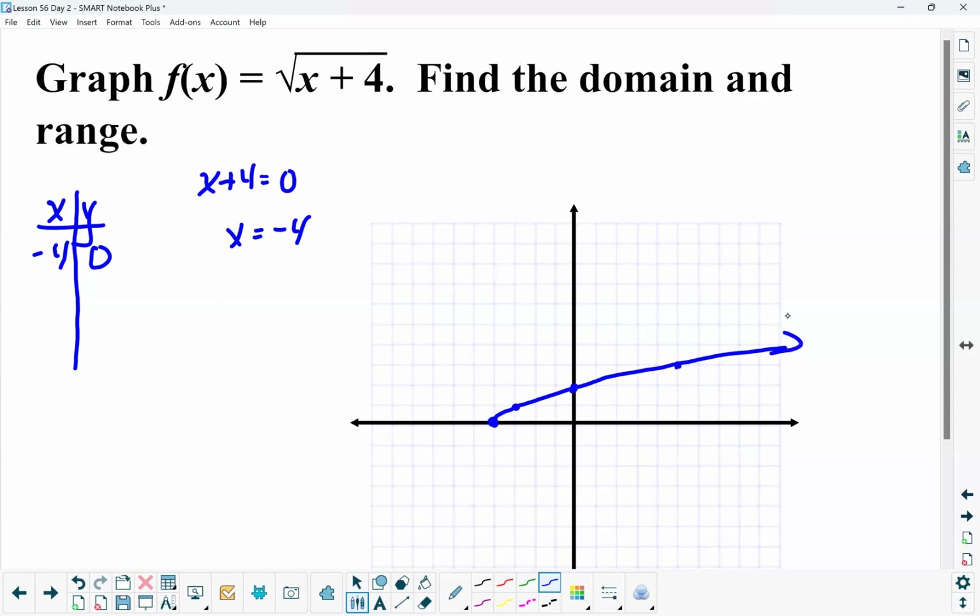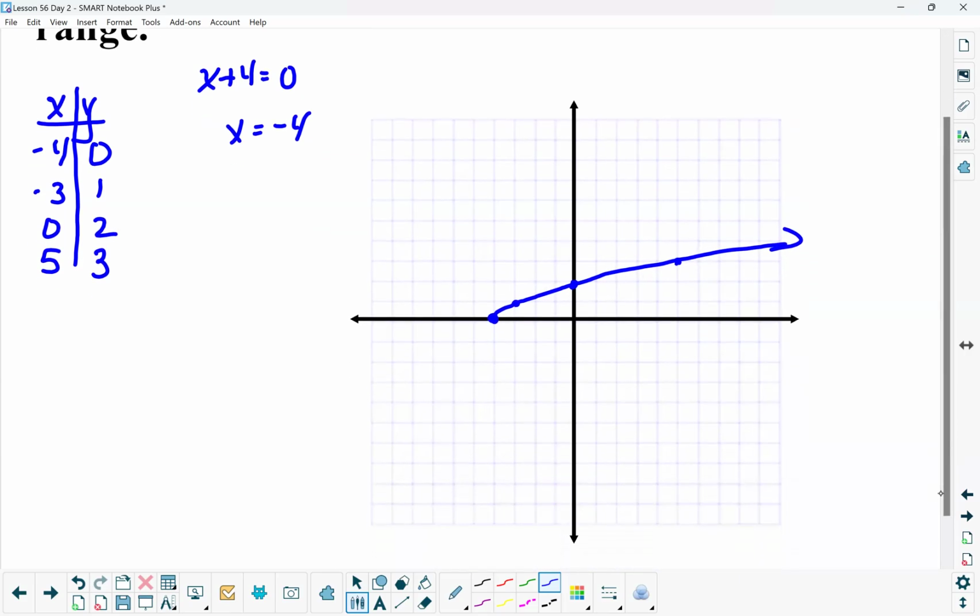If you picked values, I had 0, 1, 4, 9, so it would be -4, -3, 0, and 5, which are my values corresponding to my y values of 0, 1, 2, 3. I kind of like using the pattern, less guesswork.